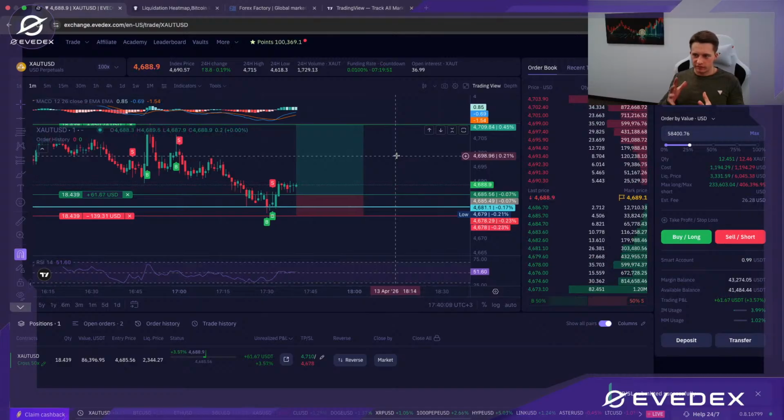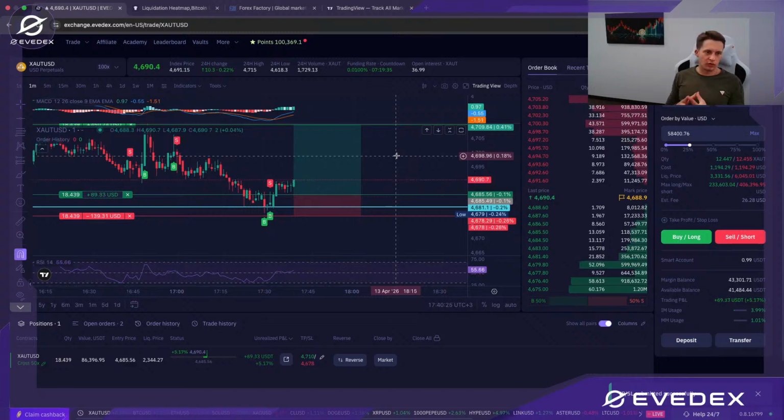Well, it's obviously not advised to risk that much, but the fact that price is consolidating within this level gives you a little bit of a safer option, as we have a slight view of where the price is actually headed.